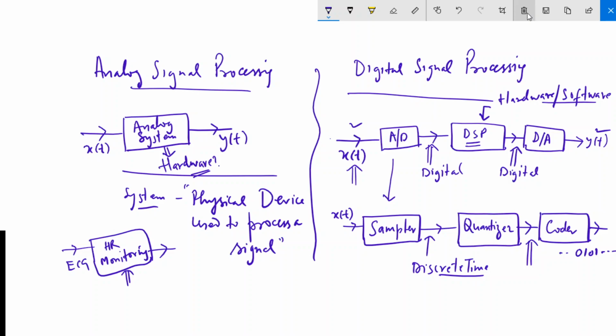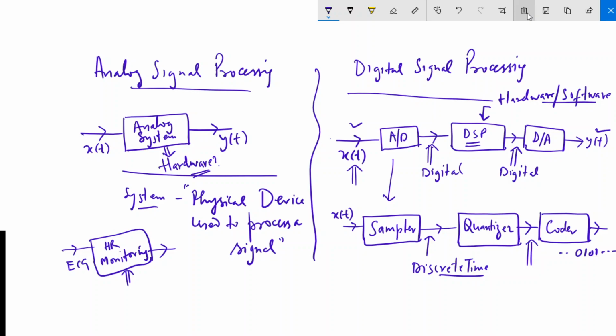And one more thing is that it is easier to store digital data in magnetic devices. You can store it in a CD or other digital magnetic devices, or DVDs.